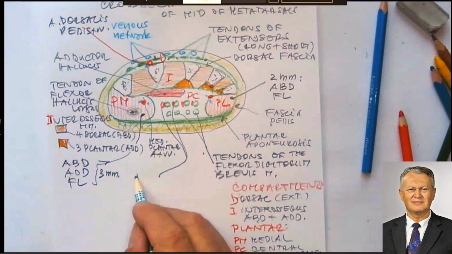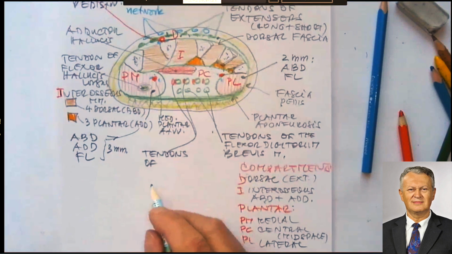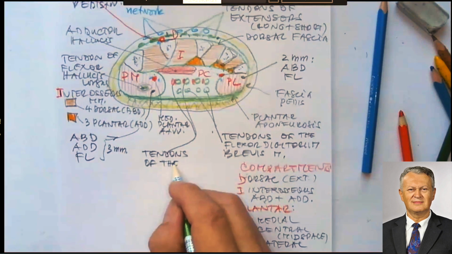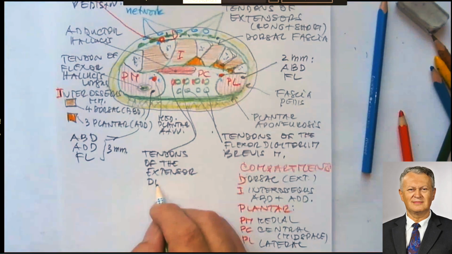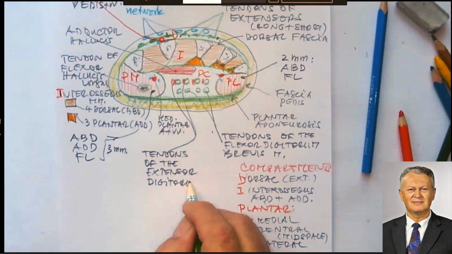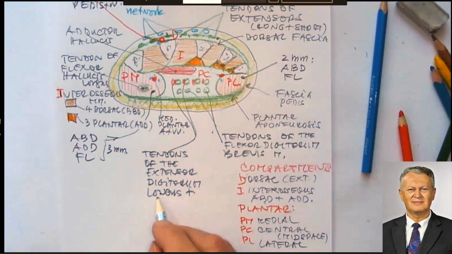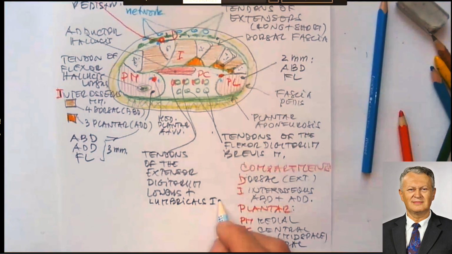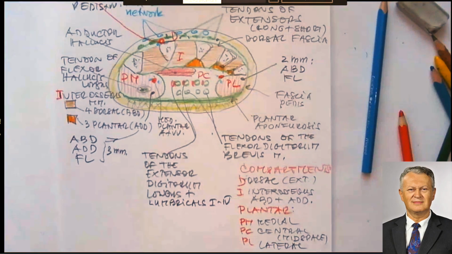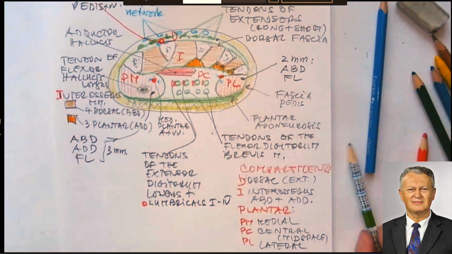And here we see the tendons of the extensor digitorum longus plus lumbricals. We call the small muscles lumbricals, number 1 to 4, and they are these red ones.